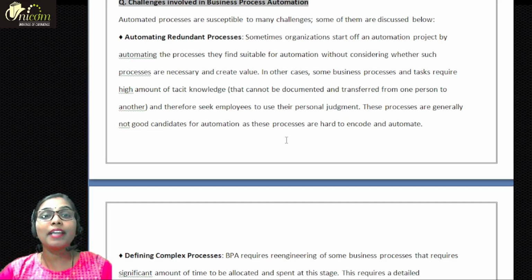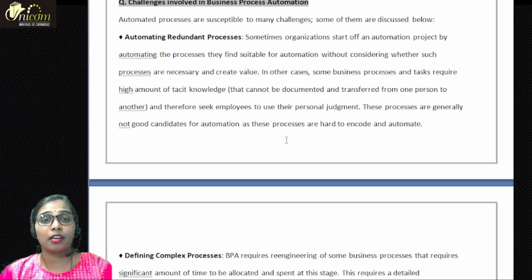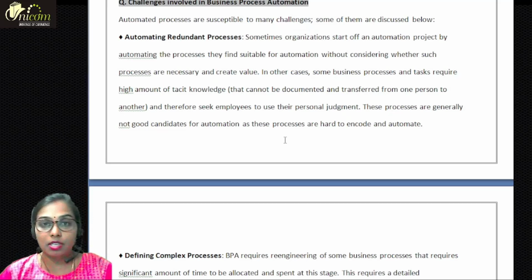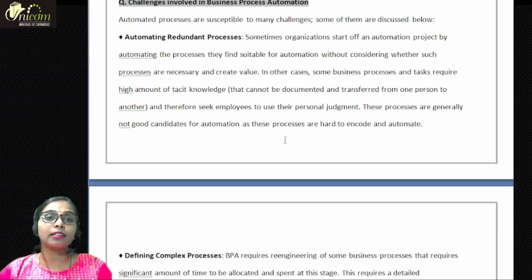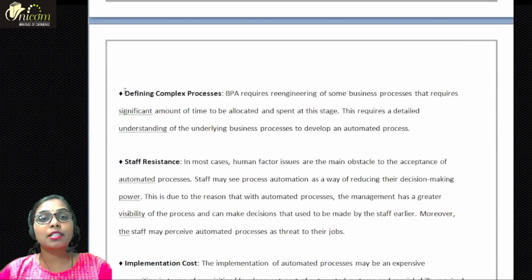The automated business processes are many. Okay, so the first one I can say is automating redundant processes. That is one important challenge which you should make sure you overcome. Next comes defining complex challenges.